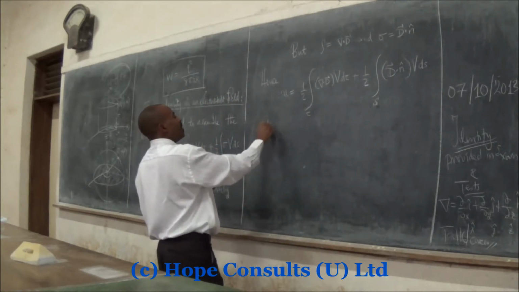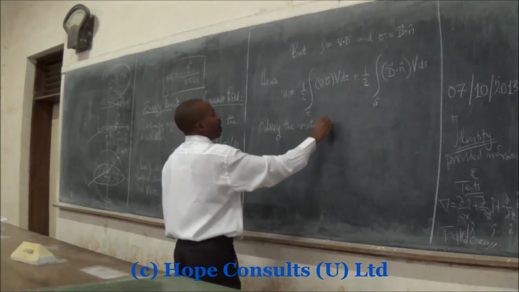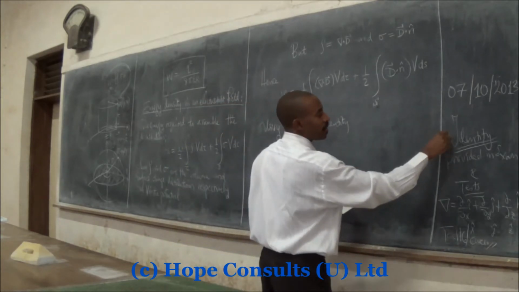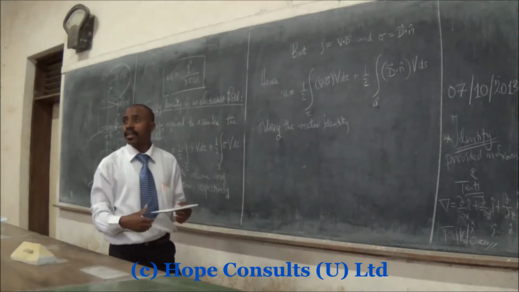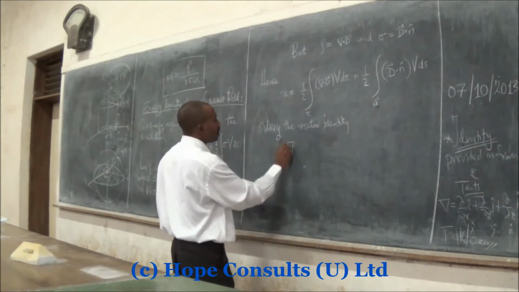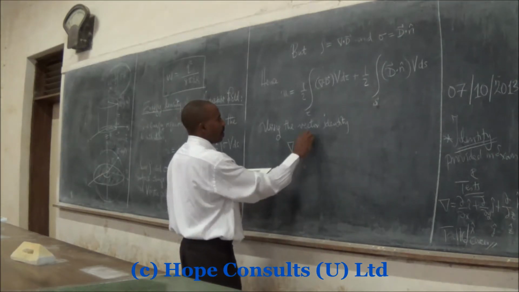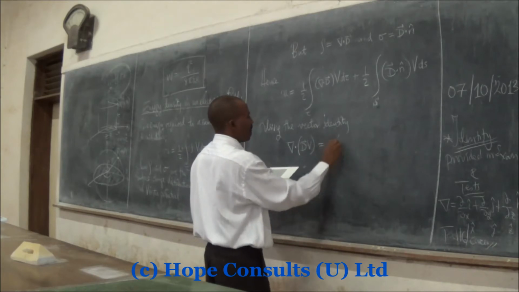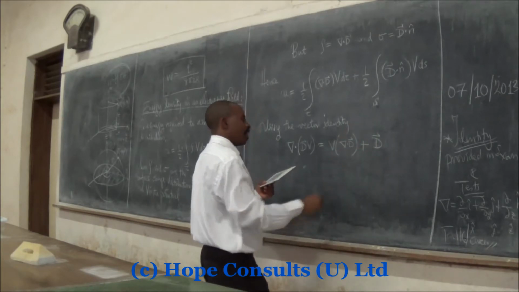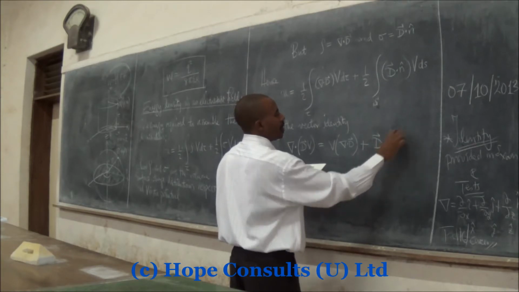So using the vector identity, which I used some time back, this identity is always given in the list of identities that I will provide within the test or exam: the divergence of a product of a scalar and a vector is the same as the scalar times the divergence of the vector plus the vector dotted with the gradient of the scalar.